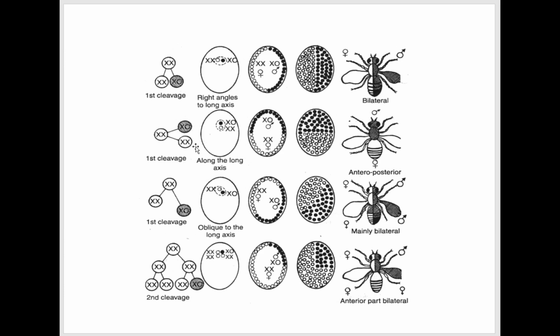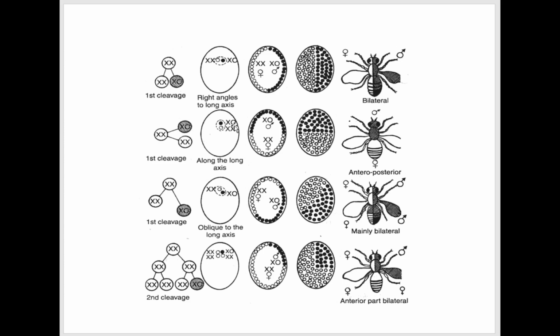Then there is one more possibility where a zygote carrying XX allosomes undergoes the first cleavage, where the mitotic spindle is not perpendicular to the egg axis, it is parallel to the zygote or egg axis. In this case, one daughter cell has two X allosomes, and the other daughter cell has only one X chromosome, due to loss of another X allosome.